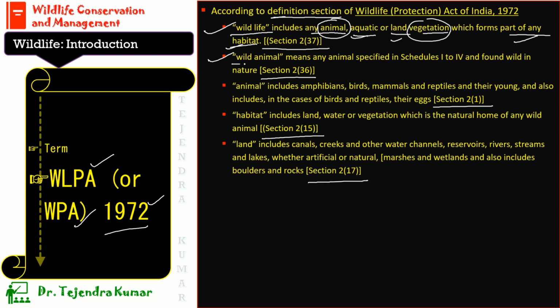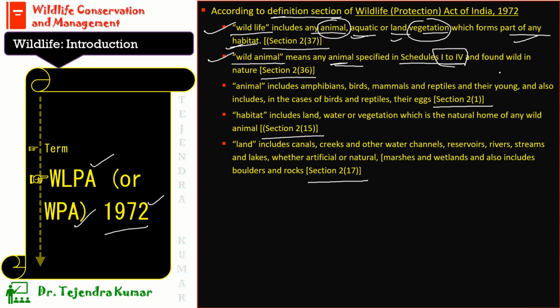The next definition is wild animals. Wild animal means any animal, and if we are talking about the wild animal, what does animal mean? Animal is specified in schedules first to four. Whenever you see the Wildlife Protection Act, at the end you will find the schedules, in which some animals are mentioned in particular, and there are terms and conditions given for their protection.